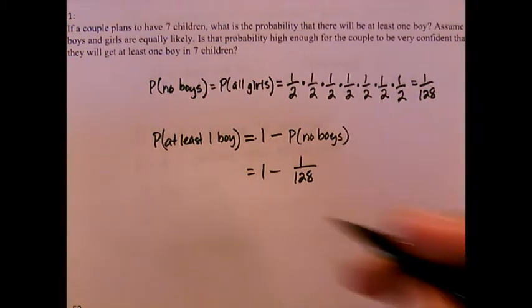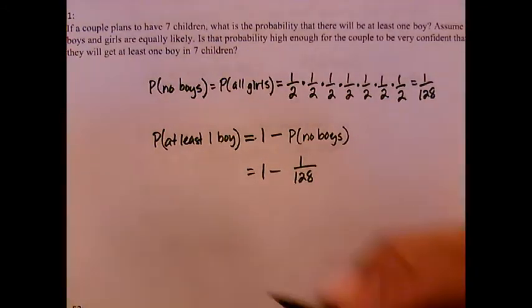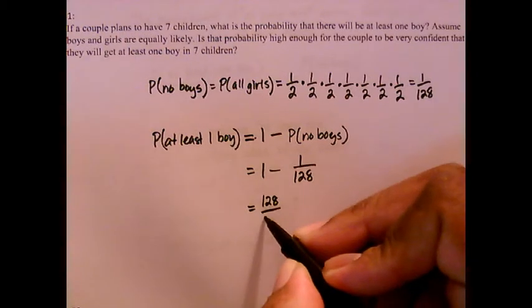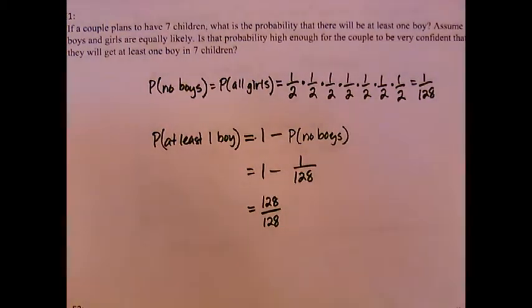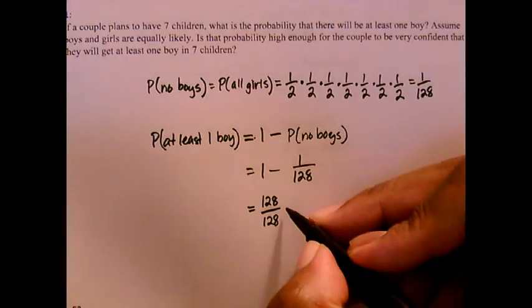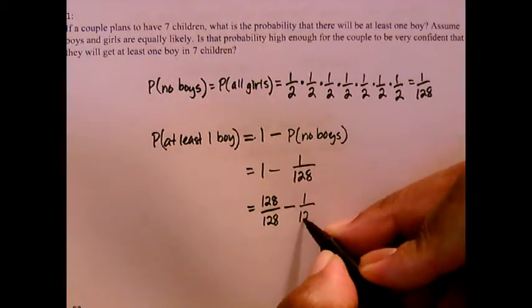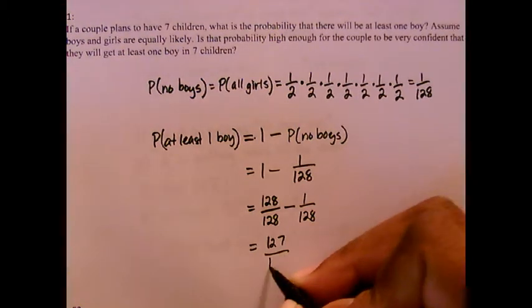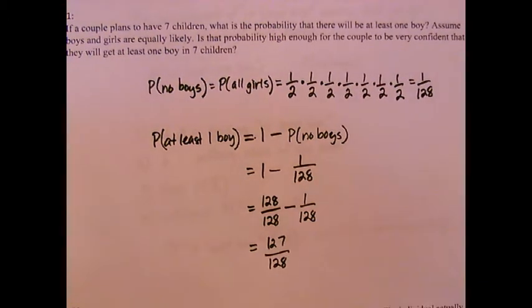Okay? Now I need to change that 1 with the common denominator of 128. 1 whole with the common denominator of 128 would be 128 over 128. Minus 1 over 128, which will be 127 over 128. So the probability of getting at least one boy will be 127 over 128.